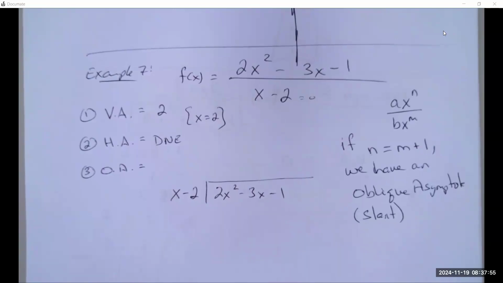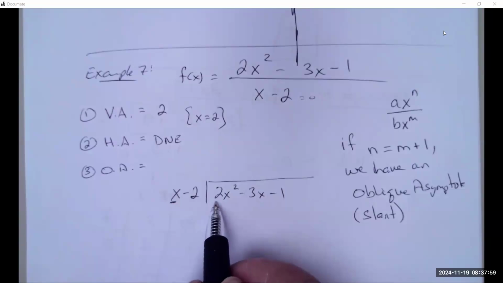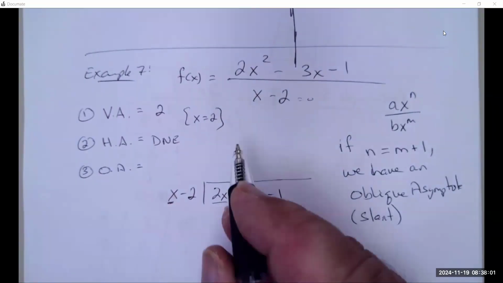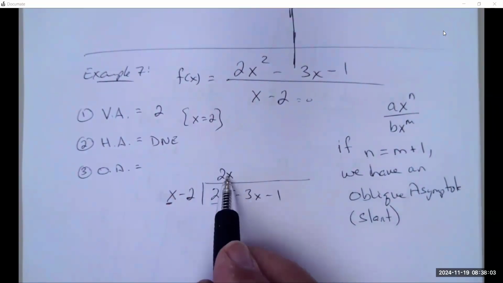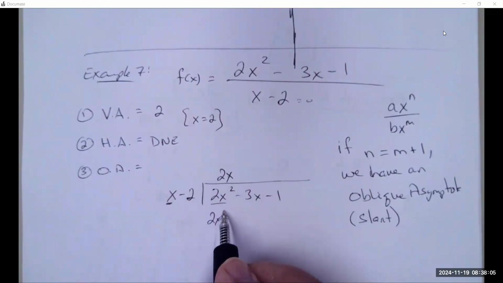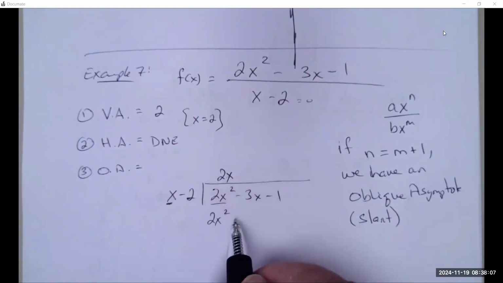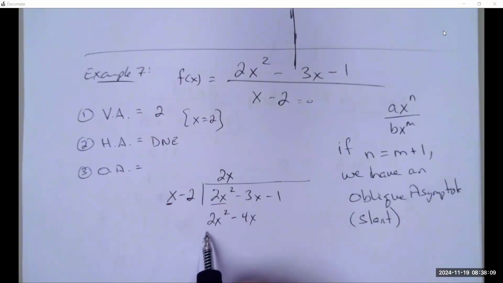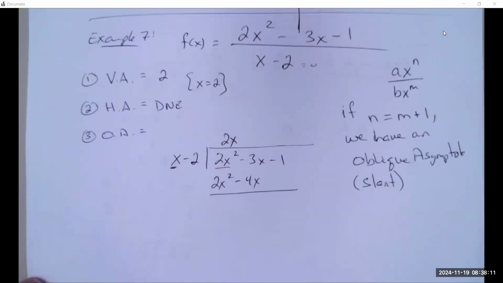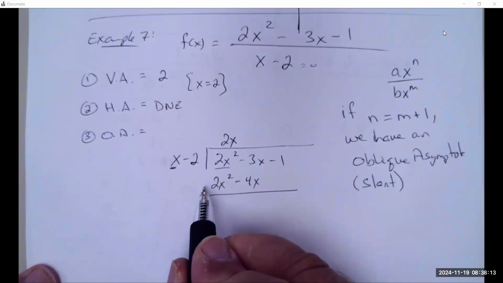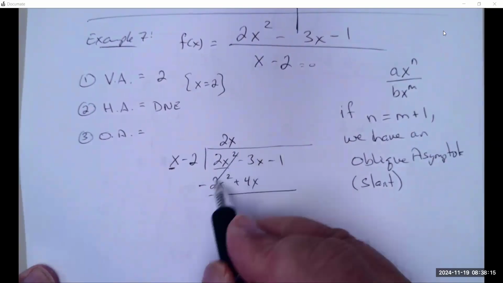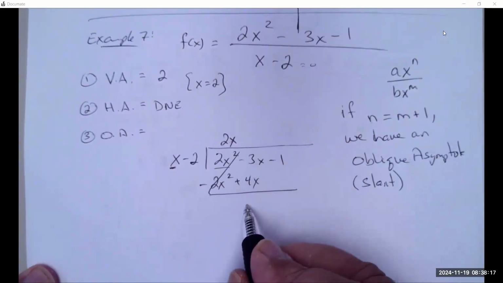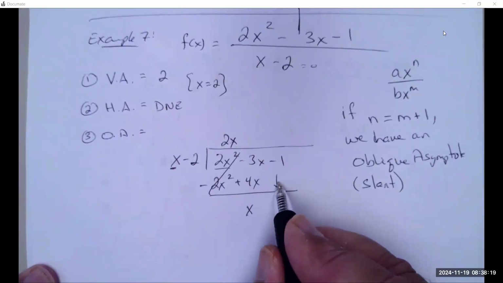If we do long division, what do we get? What times x gives me 2x²? 2x. So 2x times x is 2x². 2x times -2 is -4x. What do we do next? Change the signs and add. So those cancel. 4 minus 3 is 1. Minus 1.